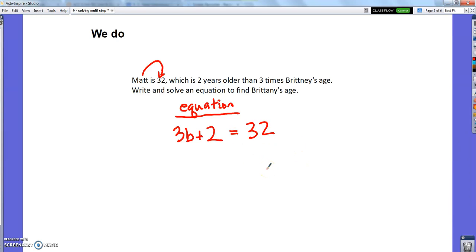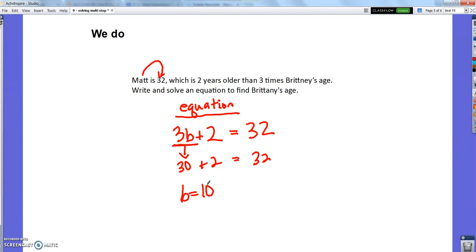Now I feel like common sense makes this pretty easy. Triple something plus 2 is 32. So really, if I could make this be 30, 30 plus 2 is 32, so I've got 3 times something is 30, then I know that B equals 10.